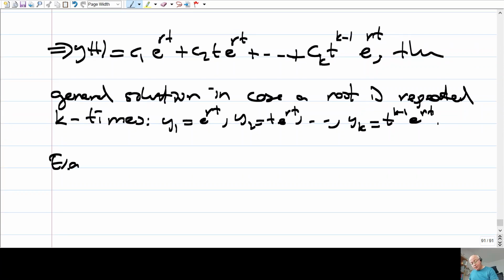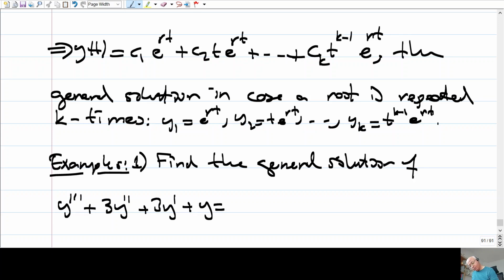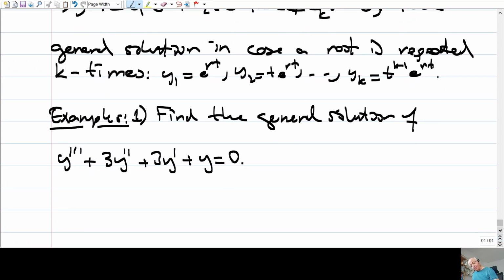Let's see some examples. Let's, for example, find the general solution of, let's say, the third derivative of y plus 3 times y double prime plus 3y prime plus y equals 0.